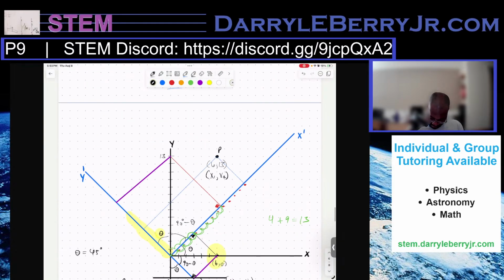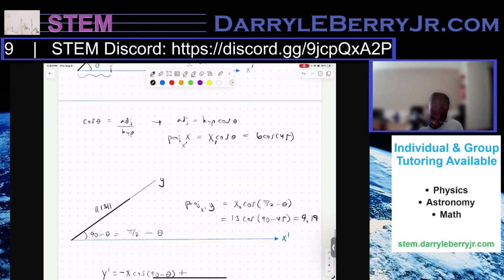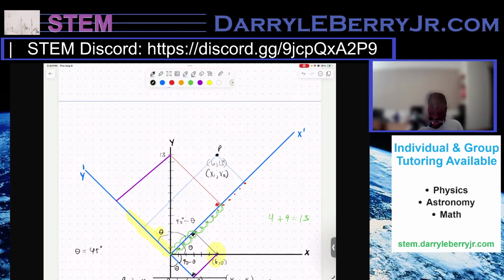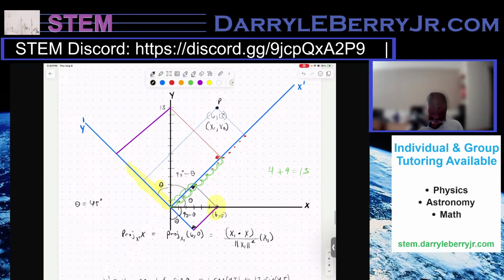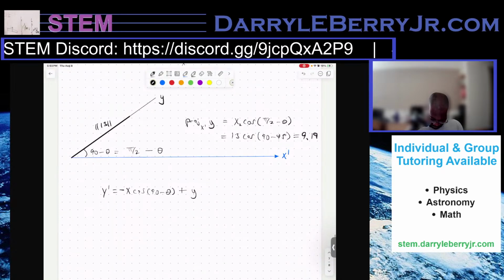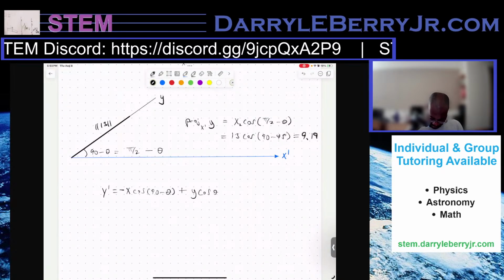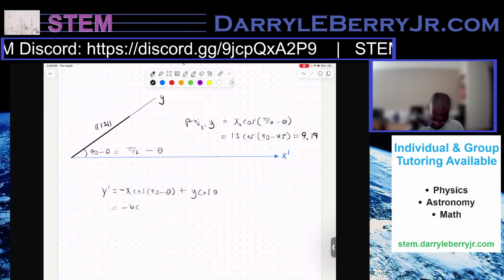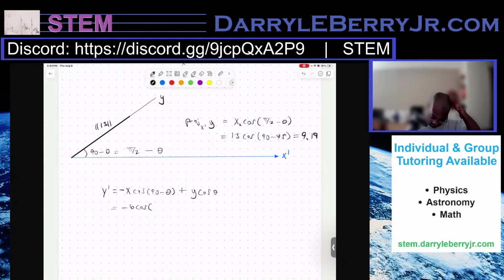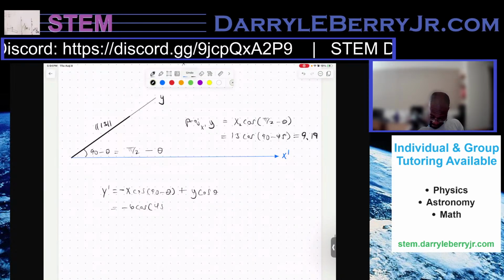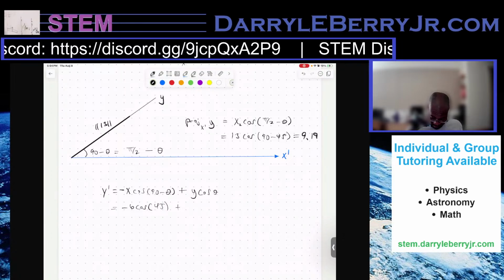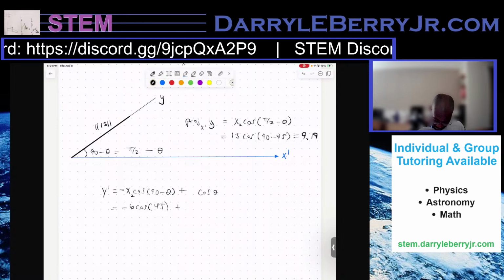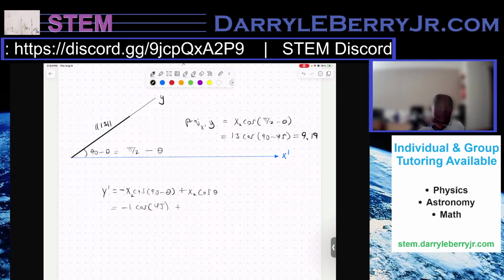plus y cosine theta. That's going to equal negative 6 cosine, or in our case, it's still 45, plus x2, so negative 13.